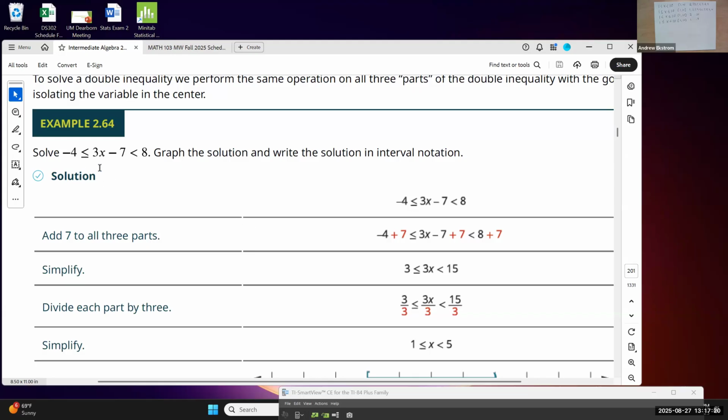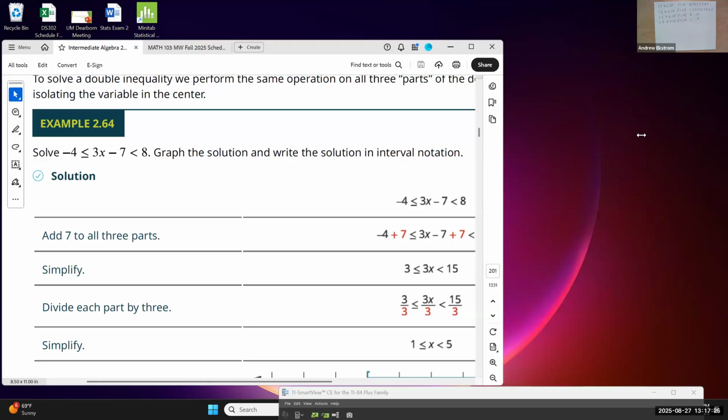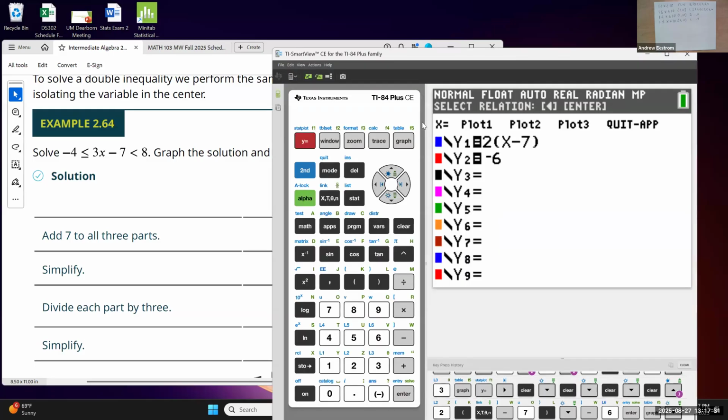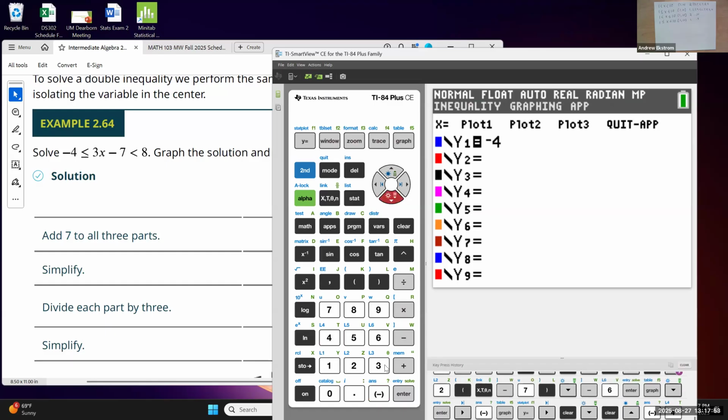So again, if you wanted to try to graph this, how would we do that? I'm going to clear this out. So at the top there, negative 4. Next one down, 3 times x minus 7.